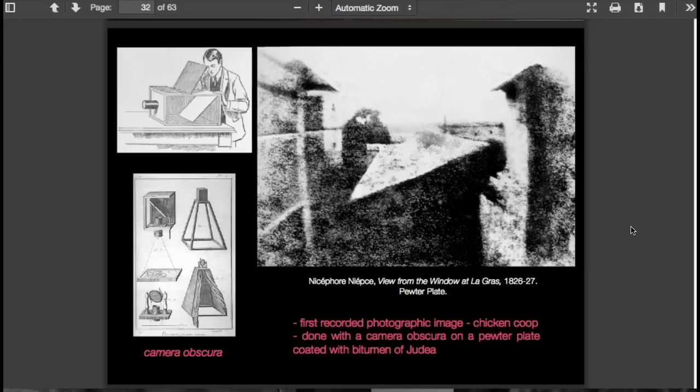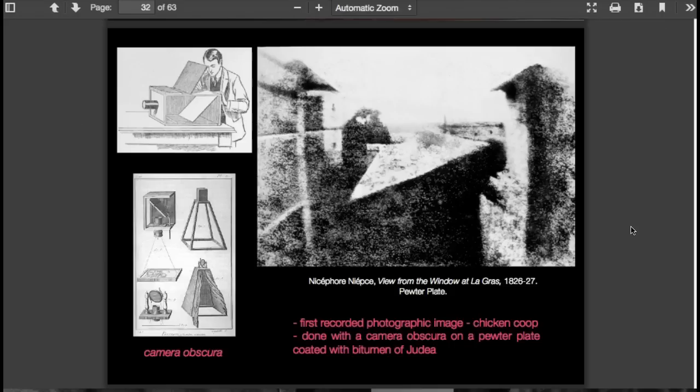Although we don't credit photography as being invented until about 1835, 1837, so this is an earlier image, and there's kind of a race to be the one who invented photography, and so there are some crossovers and different stories behind all of this, but this is definitely credited as being the first photographic image.